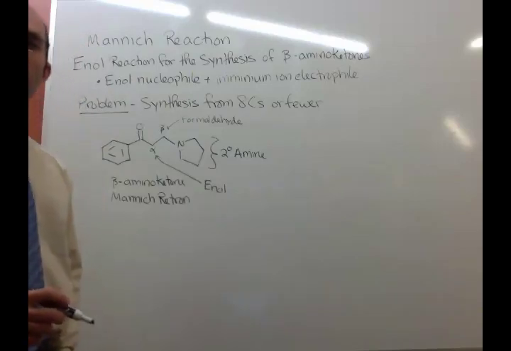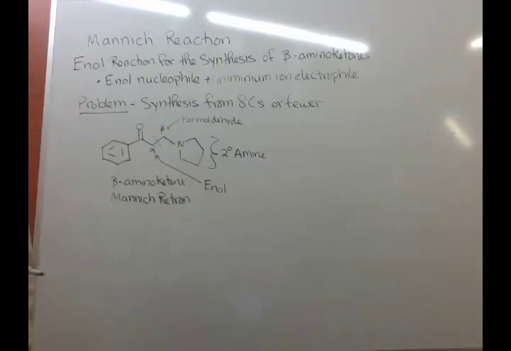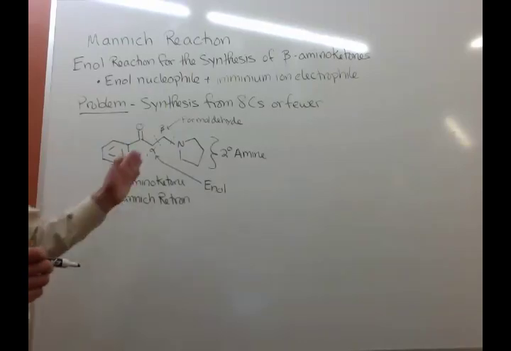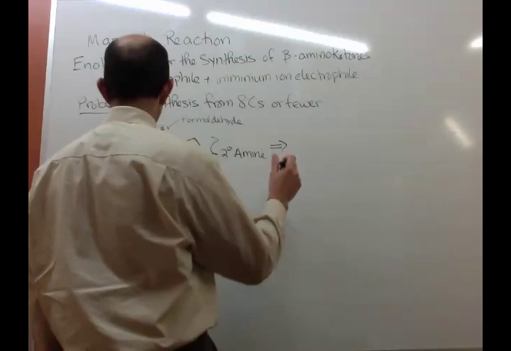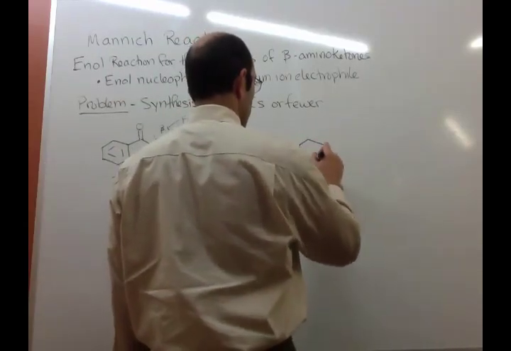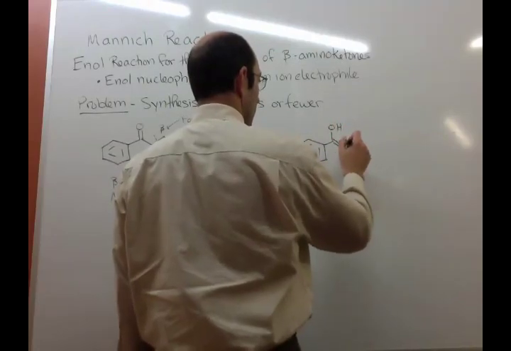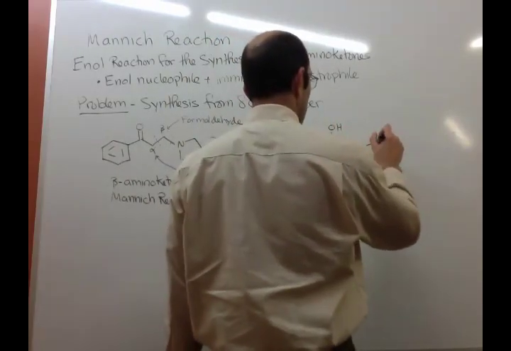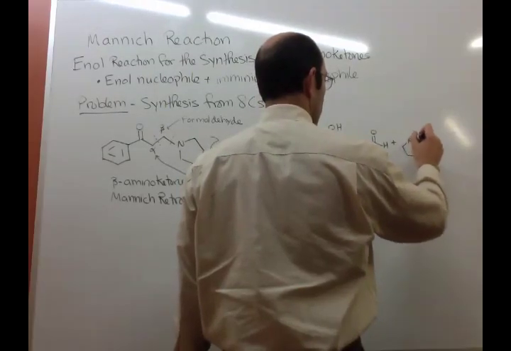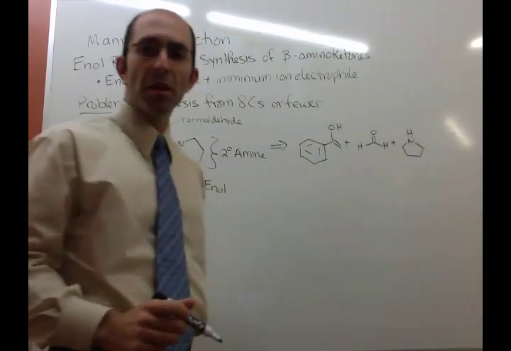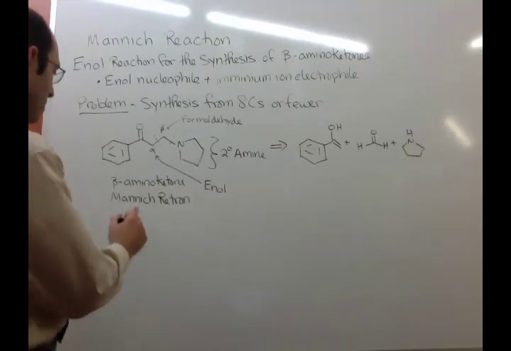So if we think about the bonds that we're going to break, it'll be those 2 bonds, so that we have the enol portion on the left, formaldehyde in the middle, secondary amine on the right. And going backwards, there's the enol plus formaldehyde plus the secondary amine.